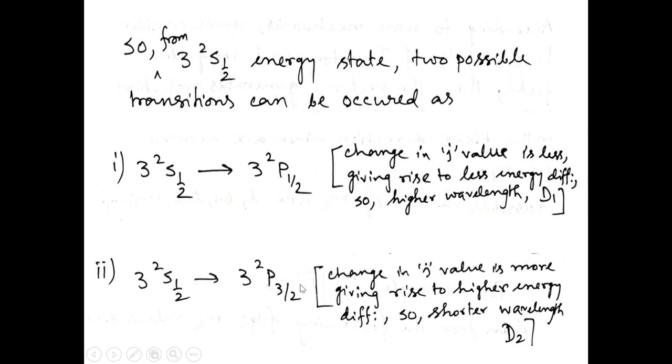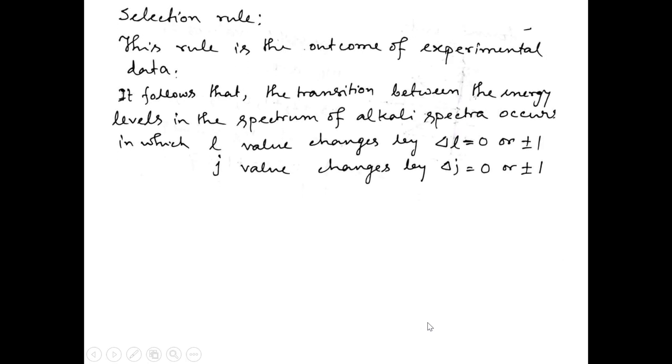So here is the selection rule. We have just noticed that the change in delta J occurs as either 0 or 1. So it is the selection rule and it is totally the outcome of the experimental result, either 0 or plus minus 1.